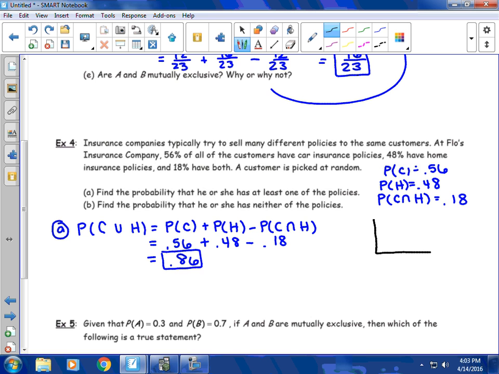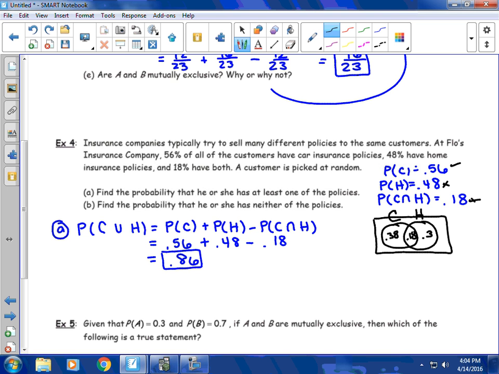Now, real quick, I could have done this with a Venn diagram also, if you prefer that way. I think it takes longer. Here's car, here's home. You have to fill in your overlap of 0.18. You have to take your 0.56, subtract off that 0.18 to get 0.38 in this circle. You have to take your 0.48, subtract off the 0.18 to get 0.3 in this circle.